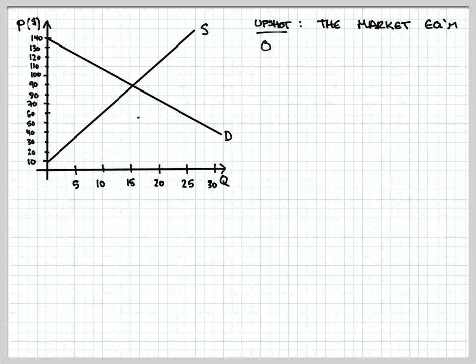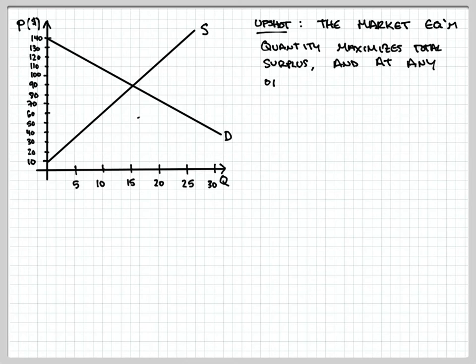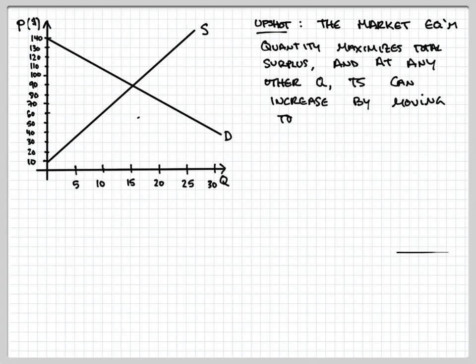So the market equilibrium quantity maximizes total surplus, and at any other quantity total surplus can increase by moving toward the equilibrium quantity.